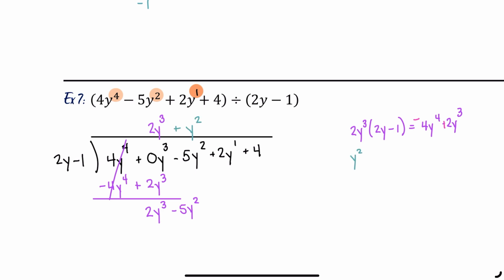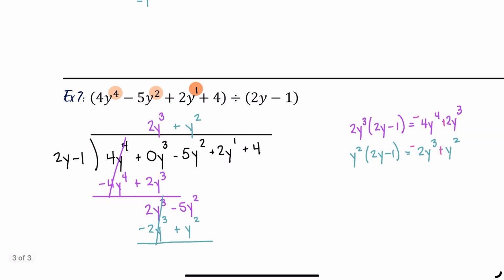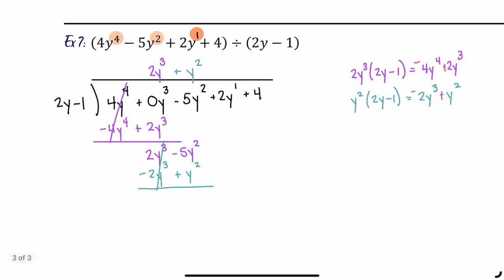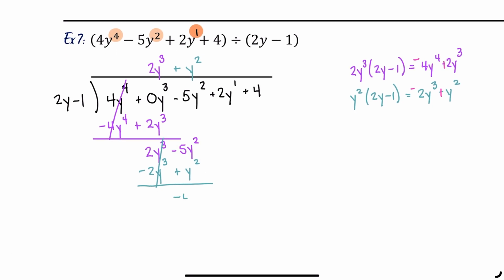I'll multiply my y squared through. That will leave me with 2y cubed minus y squared. And then I'm going to subtract those terms, giving me negative 2y cubed and plus y squared. My first two terms will cancel, and I will have negative 4y squared.